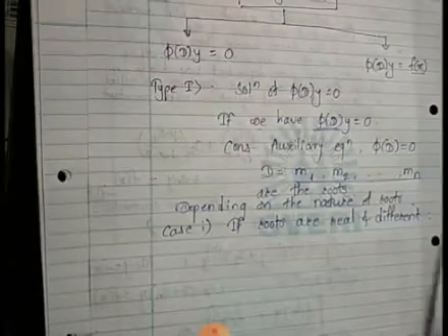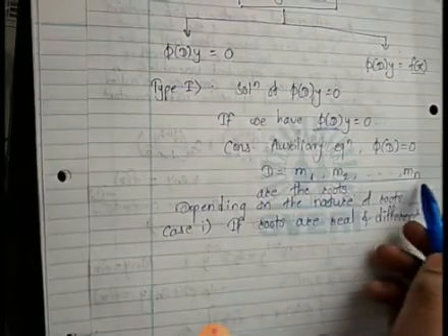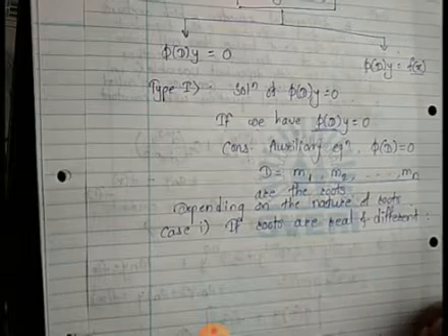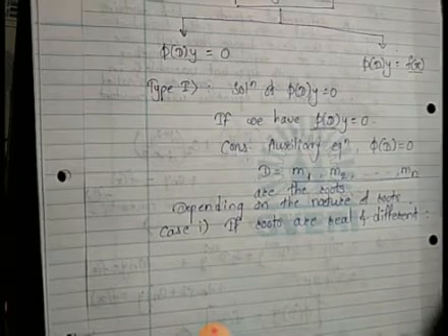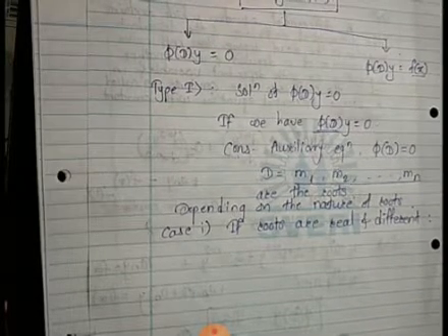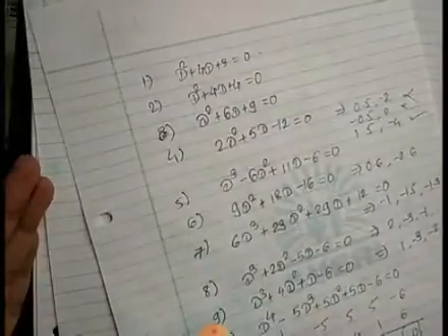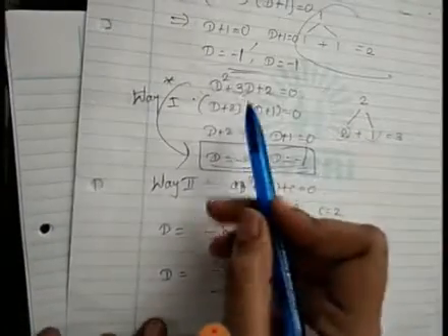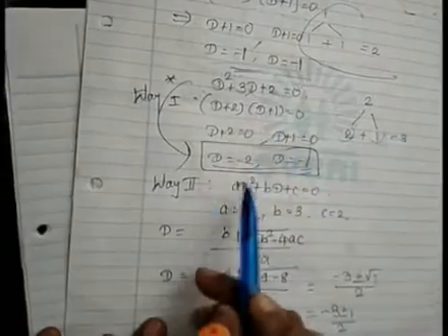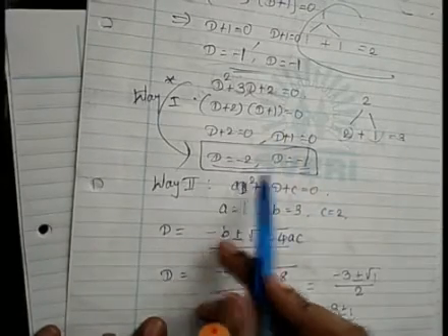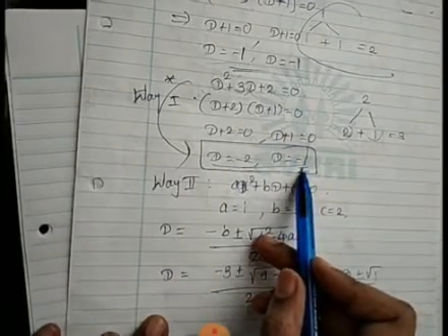So now, if these all are real and different, means what? Yesterday, as we have seen, I'll take yesterday's paper. Okay, this example we have discussed, D square plus 3D plus 2 equal to 0. So D is minus 2 and D is minus 1, right?